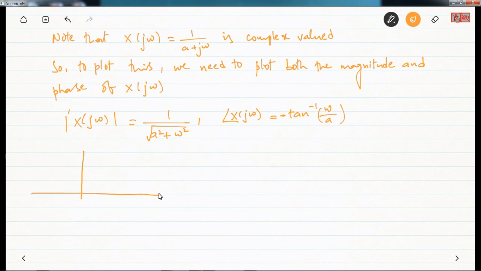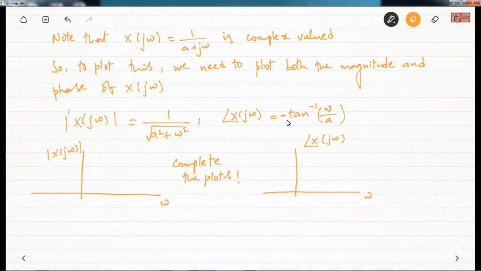I'm not plotting that, you can do it. The x-axis should be omega, and the y-axis should be the magnitude of x of j omega, and the second plot should be omega against the angle of x of j omega. So complete the plots as a homework, right?